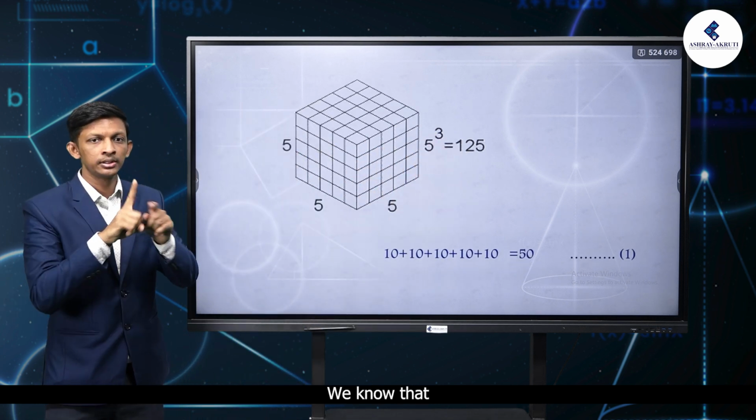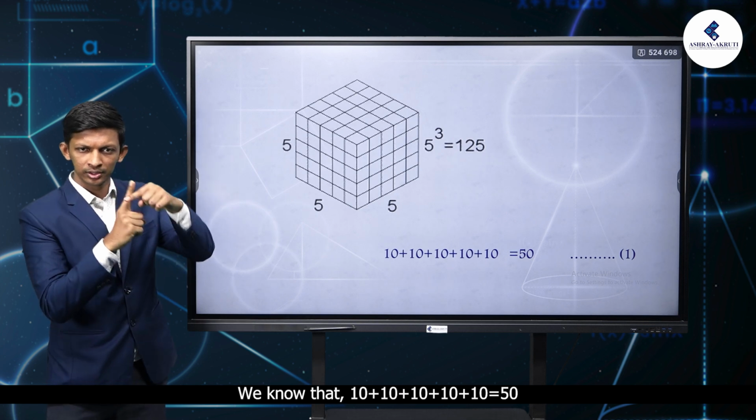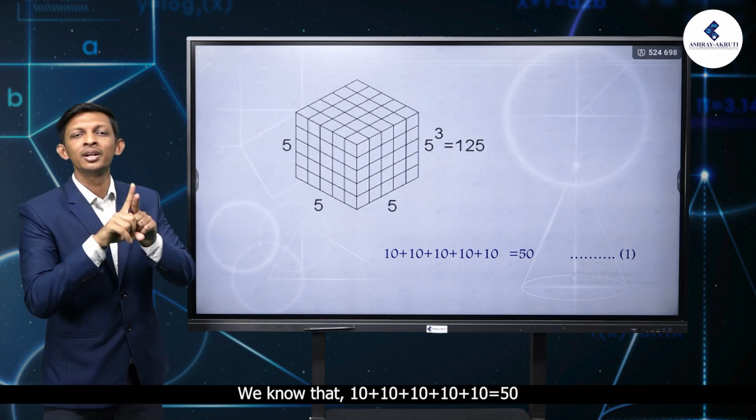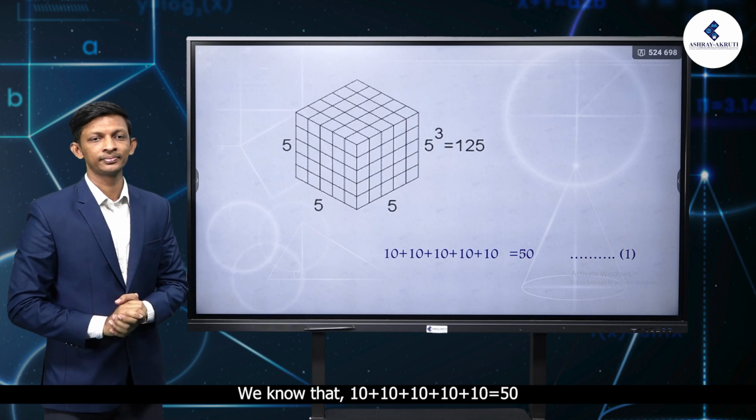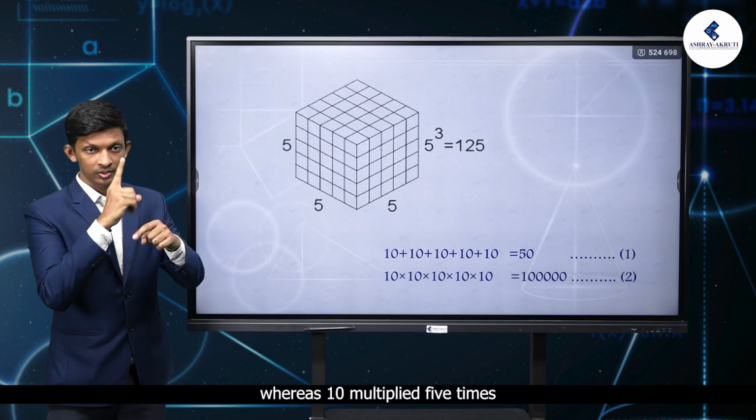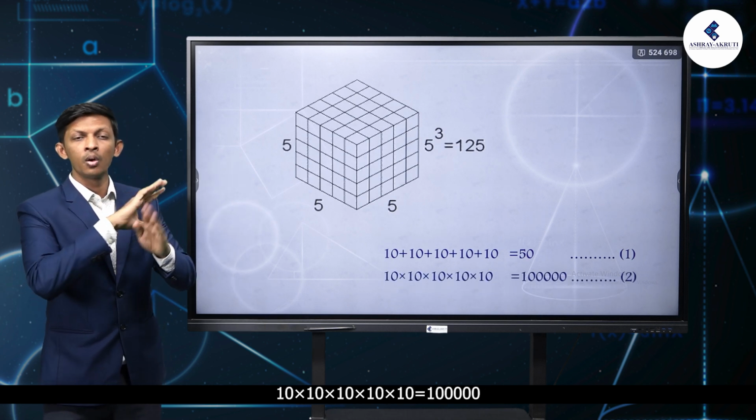We know that 10 plus 10 plus 10 plus 10 plus 10 is equal to 50, whereas 10 multiplied 5 times is equal to 1 lakh.